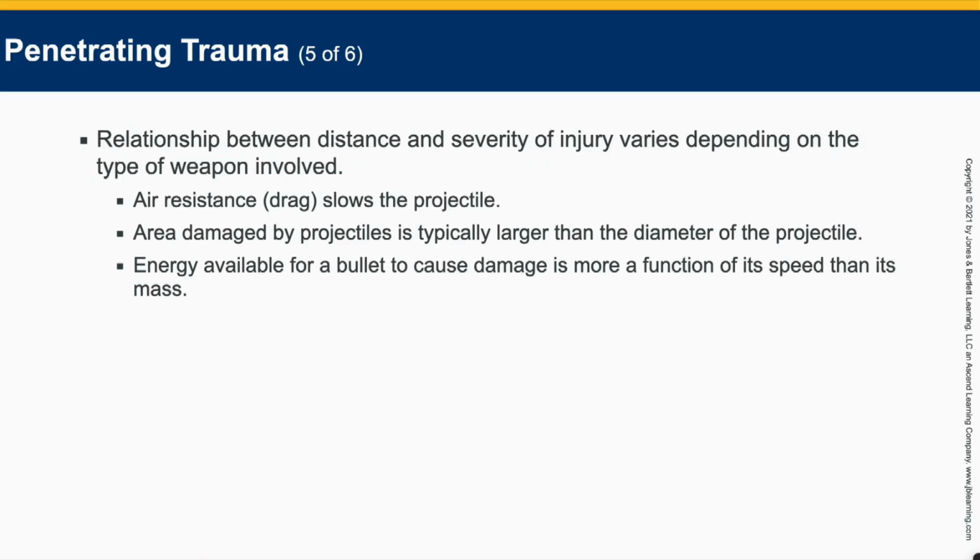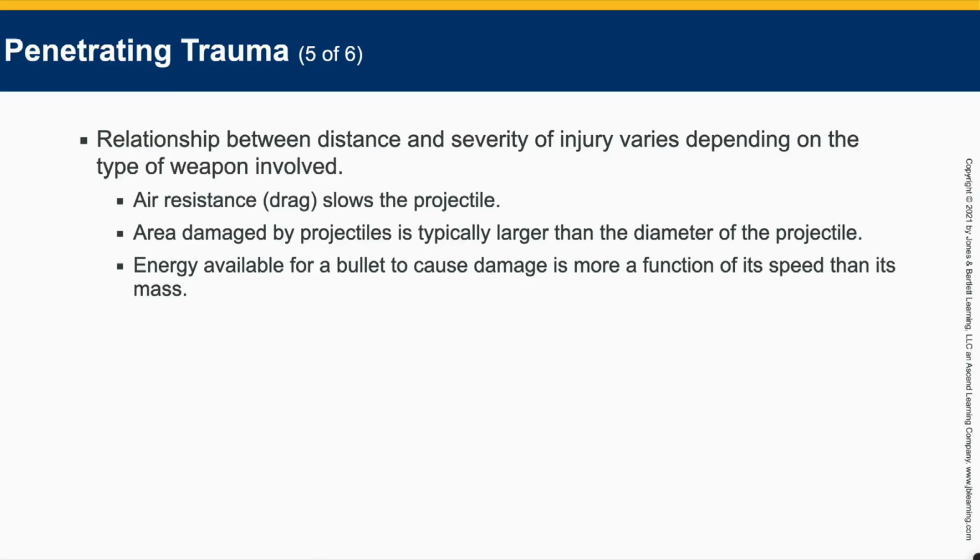The relationship between distance and severity isn't always straightforward. It really depends on the type of weapon involved. As a projectile travels, it's affected by air resistance or drag, which slows it down over time. But here's the key point: the amount of damage a projectile causes is not just about its size. In fact, the area of damage is usually much larger than the actual diameter of the bullet.